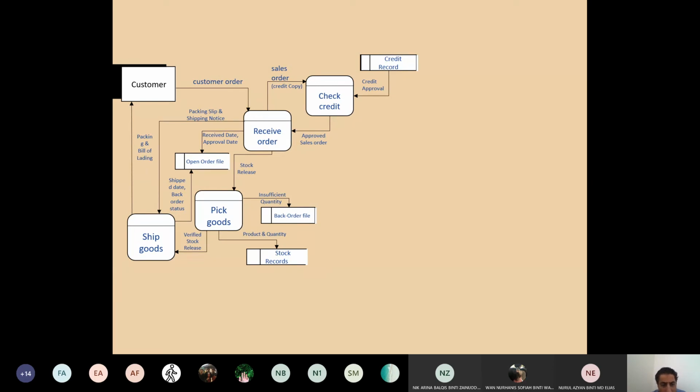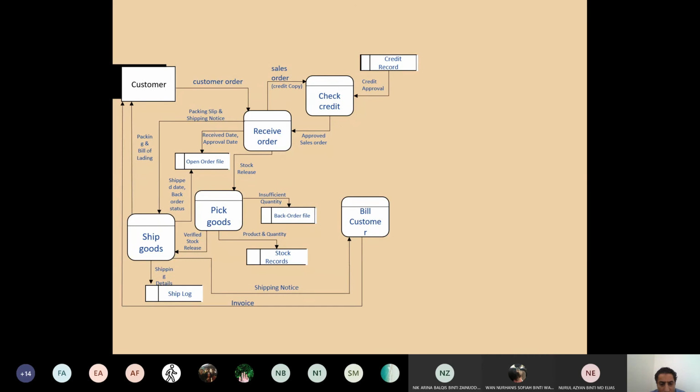And then after we send the goods, we send a shipping notice to billing for the customer. Billing means we are preparing the invoice, and when we prepare the invoice, we send a copy to the customer, and we also put one copy in the pending file for invoice, but this one is updated when we update the journal.